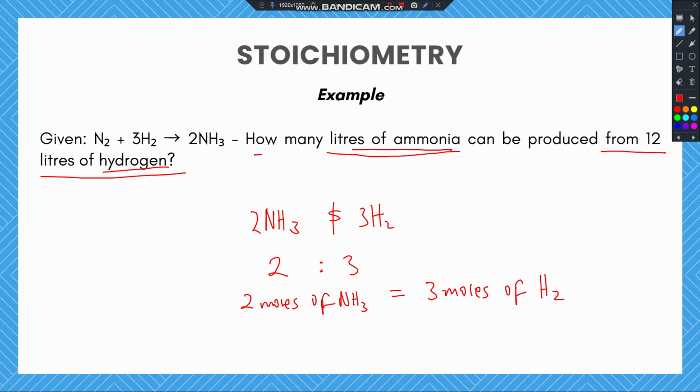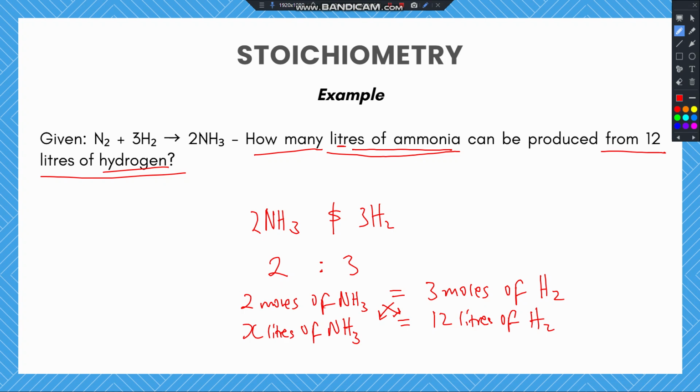Now the question says how many liters of ammonia, so X liters of ammonia NH3 will be produced from 12 liters of hydrogen H2. So let's cross multiply.